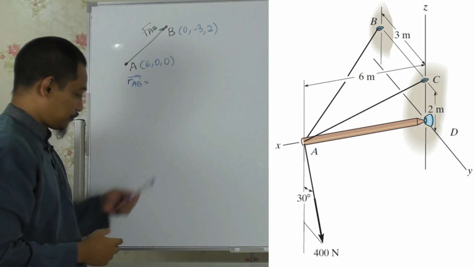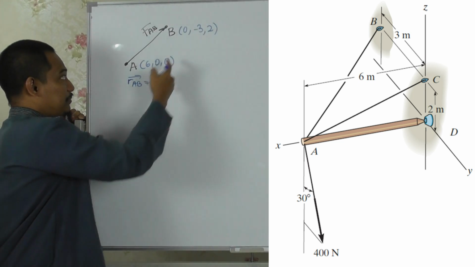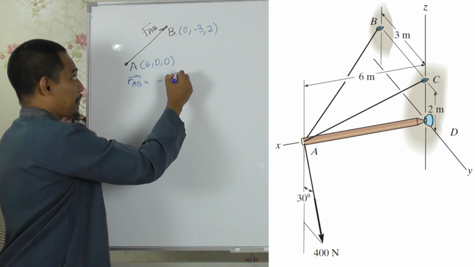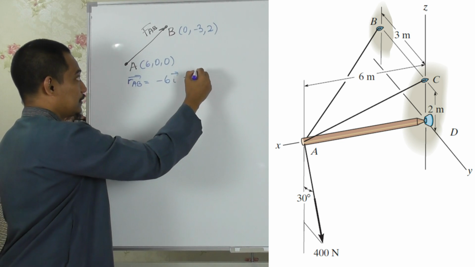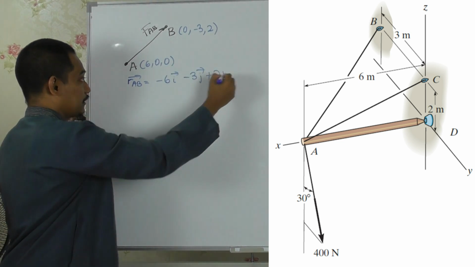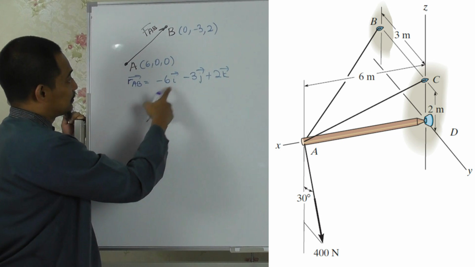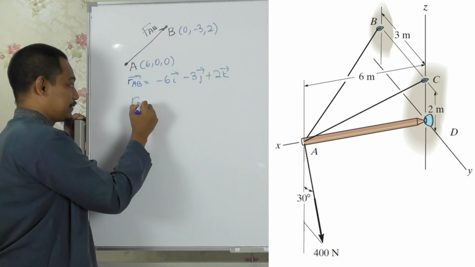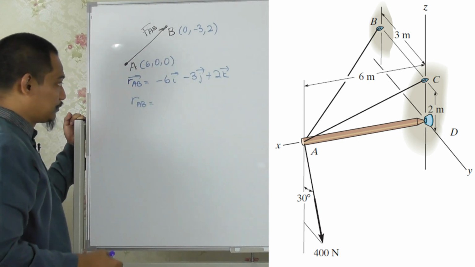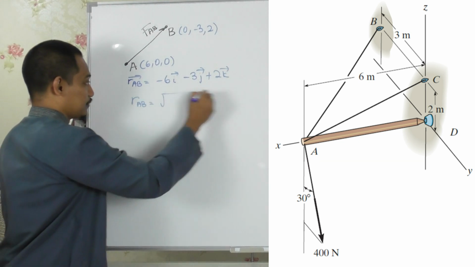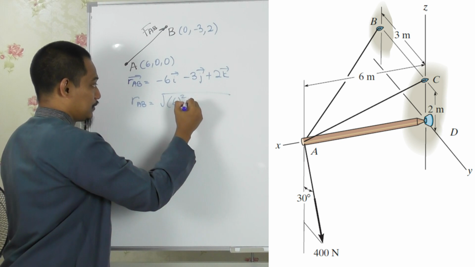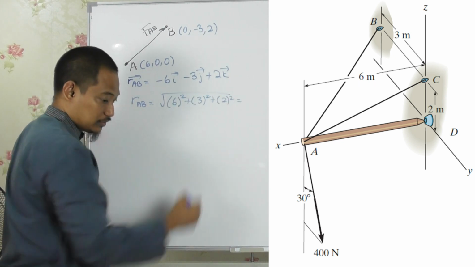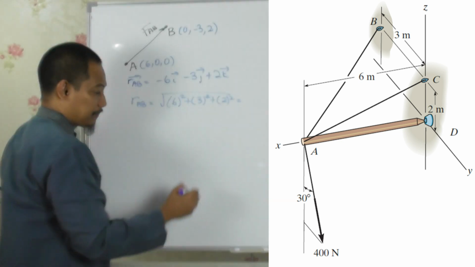So from here, RAB is coordinate B minus coordinate A, so 0i minus 3j minus 4k. To get the magnitude, we take the square root of 6 squared plus 3 squared plus 2 squared. You should be able to get 7.